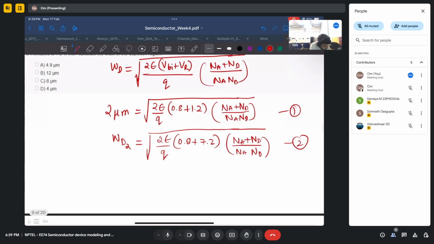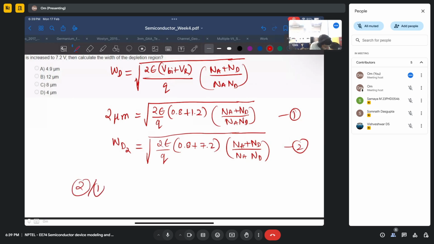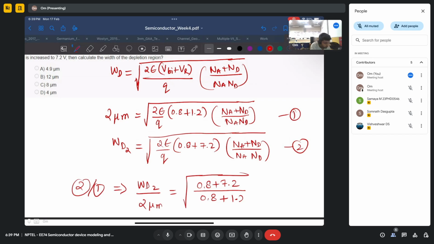So I simply take equation 2 by 1. What I will get is WD2 by 2 micrometer equals under root of (0.8 plus 7.2) upon (0.8 plus 1.2).